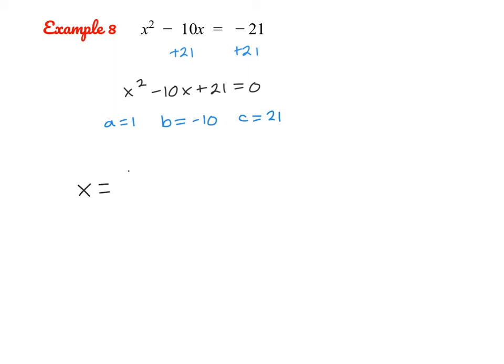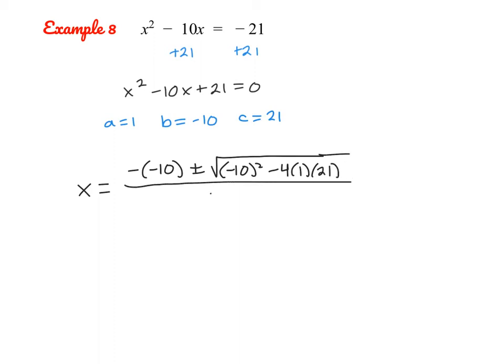So x equals negative b plus or minus the square root of b squared minus 4 times a times c, all over 2 times a. Notice anywhere that I substituted, I put the numbers in parentheses.